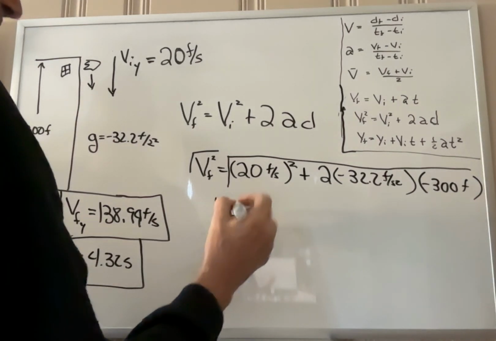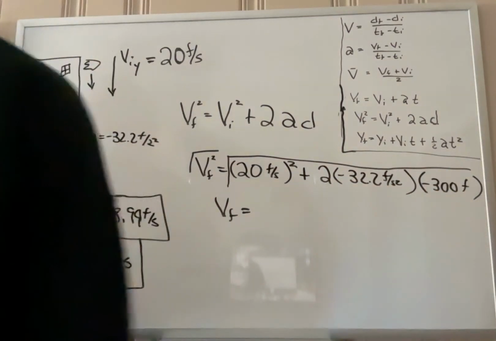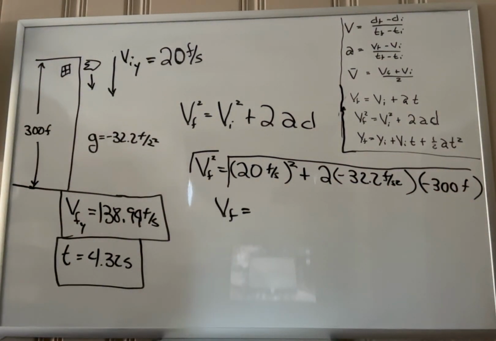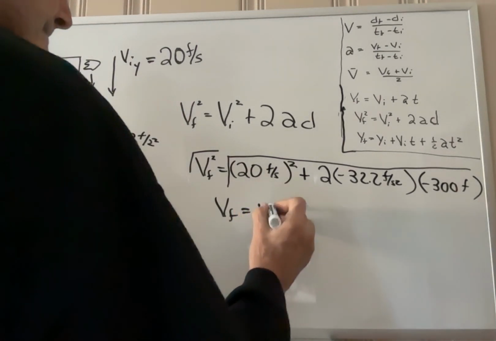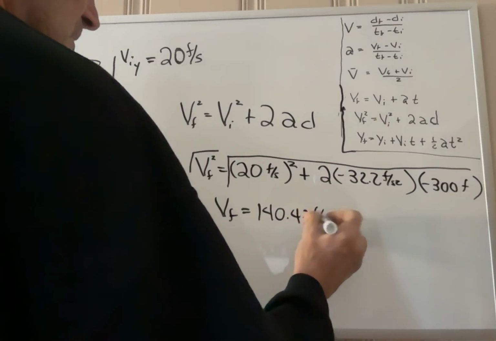So my velocity final, when we take this whole thing and do all of the math in here, we get about 140.43 feet per second.